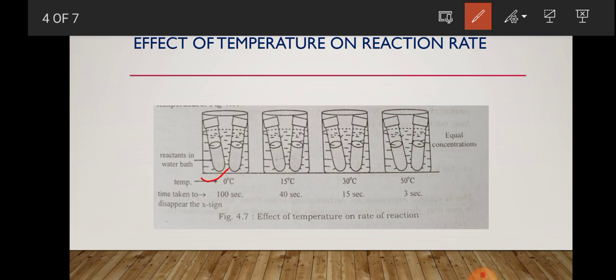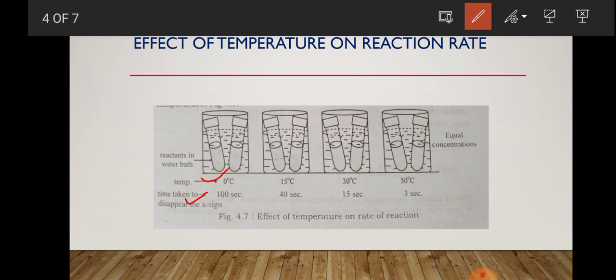Here hydrochloric acid and sodium thiosulfate react and produce sulfur. When temperature is 0 degree, then time is 100 seconds. That means when temperature is low, then more time is required for the reaction to occur.